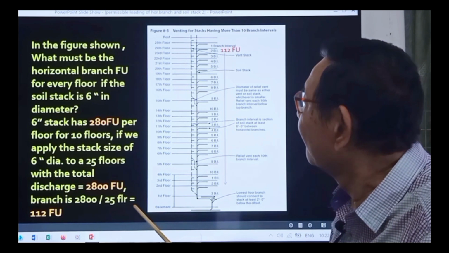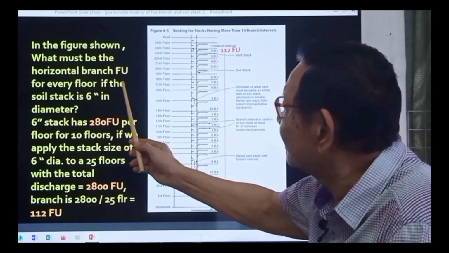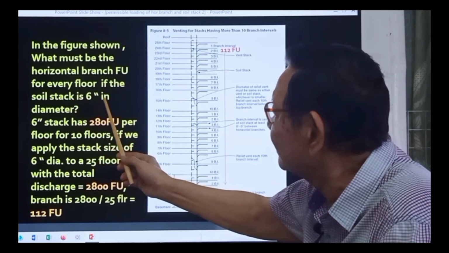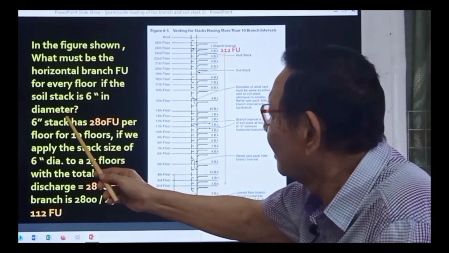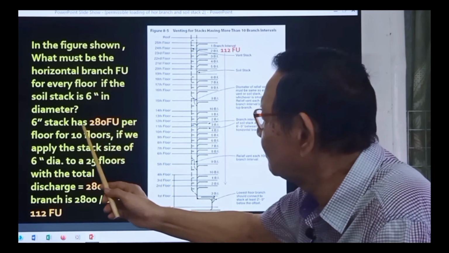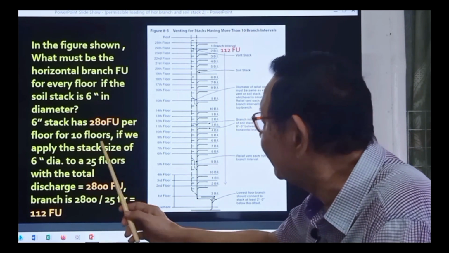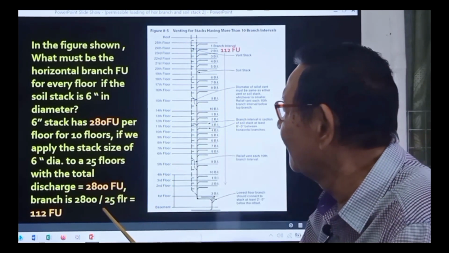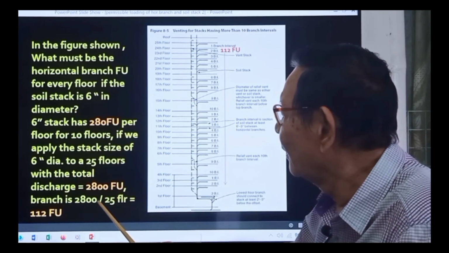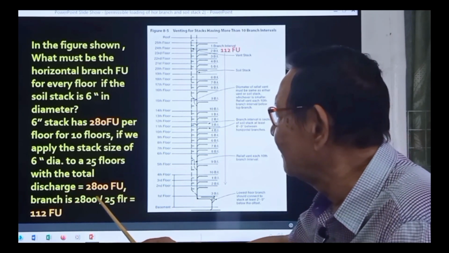okay. Itong figure na ito, what must be the horizontal branch for every floor if the solid stack is 6 inches in diameter? 6 inches stack has 280 fixtures unit per floor for 10 floors. If we apply the stack size of 6 inches for 25 floors, ito hanggang 25 floors, the discharge of 2,800 branch divided by 25 is 112.